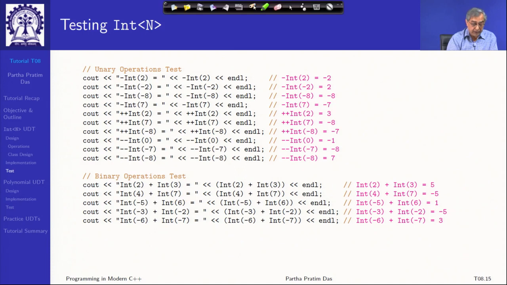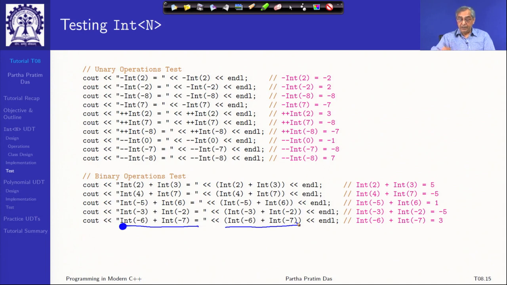For example, here is one addition, which is int minus 6 being added to int minus 7. Int minus 6 added to int minus 7 will actually be, in terms of underlying type, minus 13. Since n is 4 bits, it cannot fit in there because it is less than minus 8. Therefore, I have to add 16 to that.